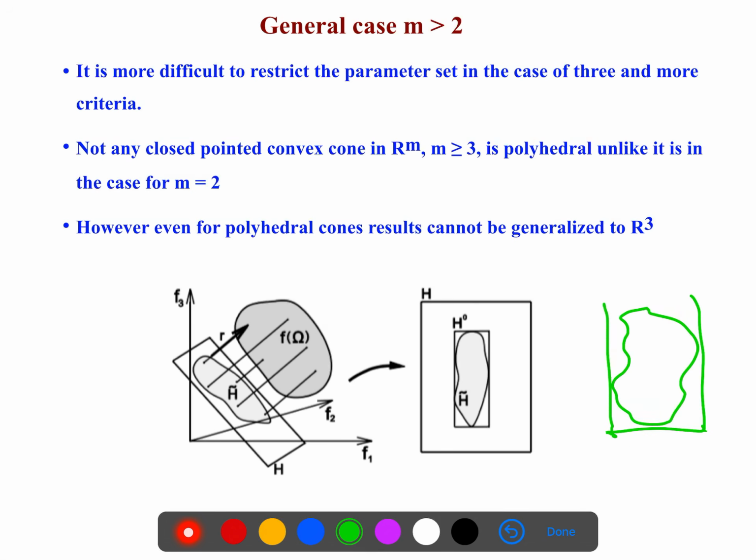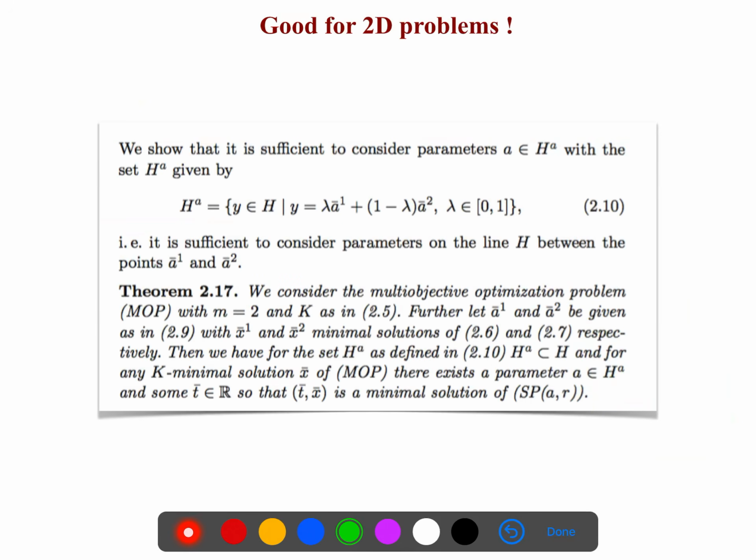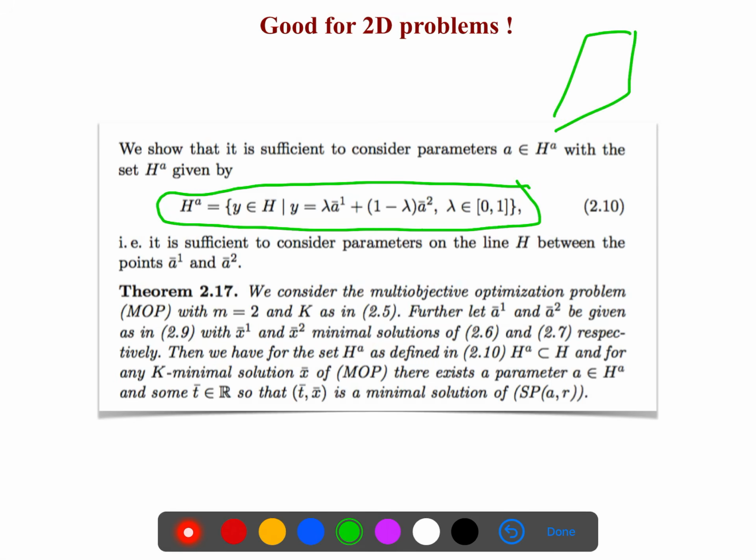You bound it by a cuboid which is inside a hyperplane, and then try to do whatever we have done in 2D for higher dimensions as well. So it's just a convex set, your hyperplane, a convex combination of those points. You get all the space that you need for A. So you just put A on this hyperplane.